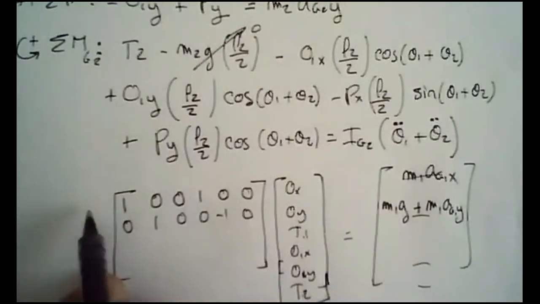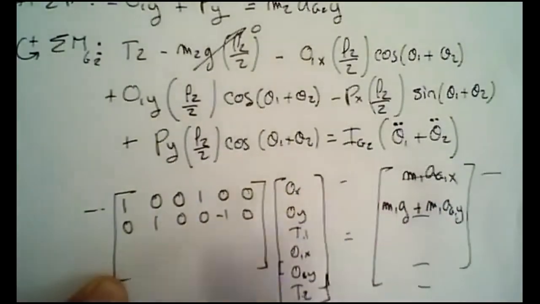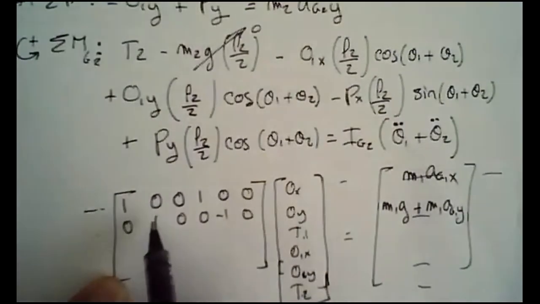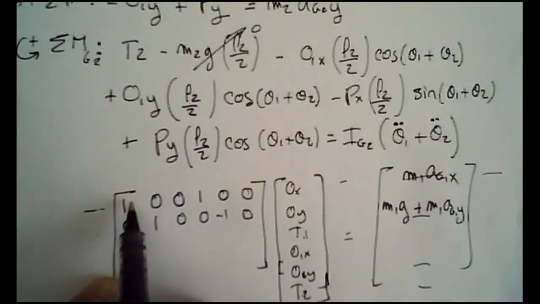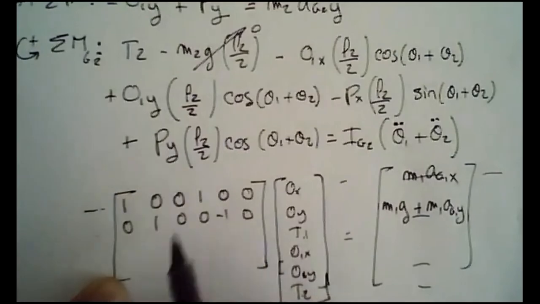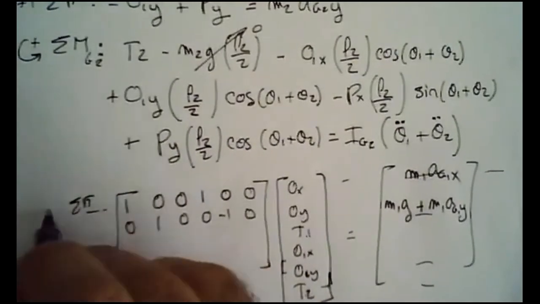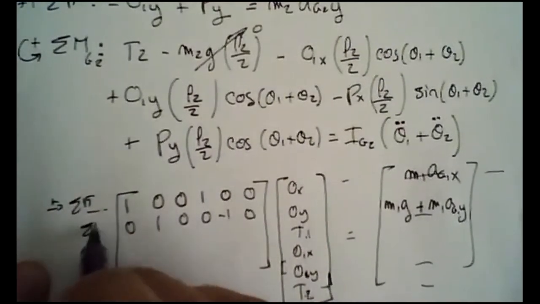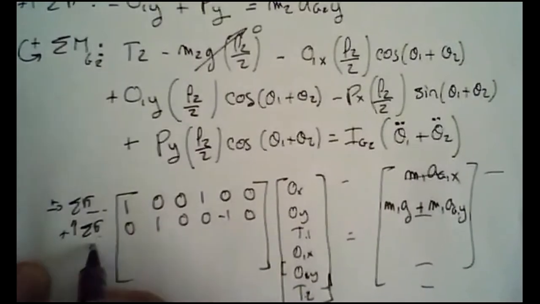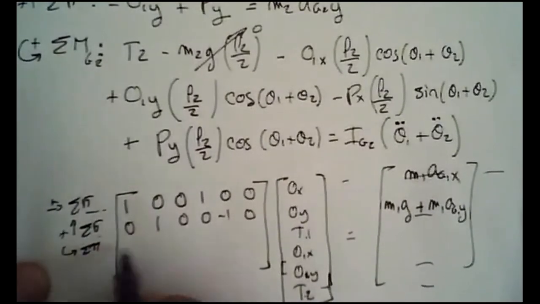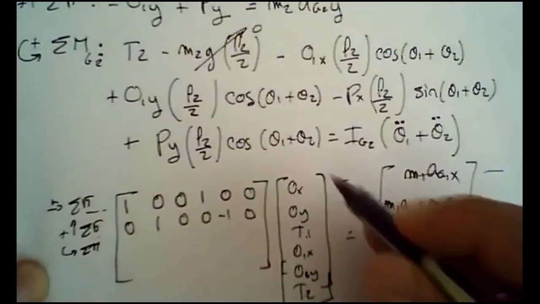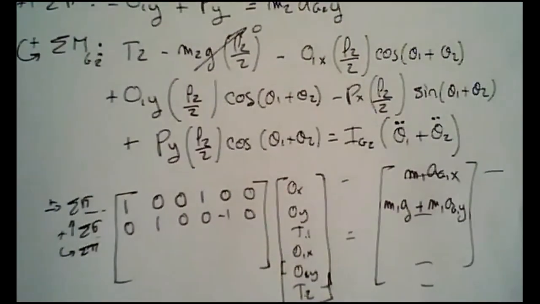Okay, so this is the first link, and then this is the second link. Here we sum the forces in the x direction, here we sum the forces in the y direction, and here we sum the moments. You write the equations here in matrix form, and then you can simply solve that. So this is inverse dynamics.